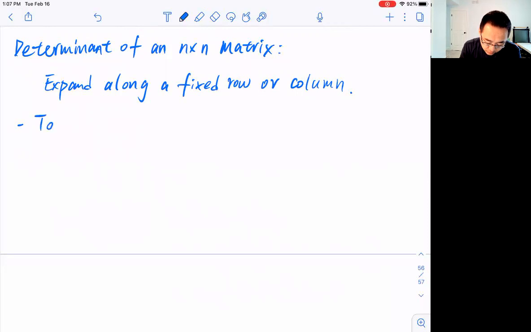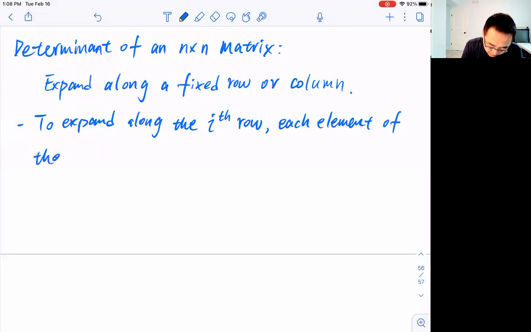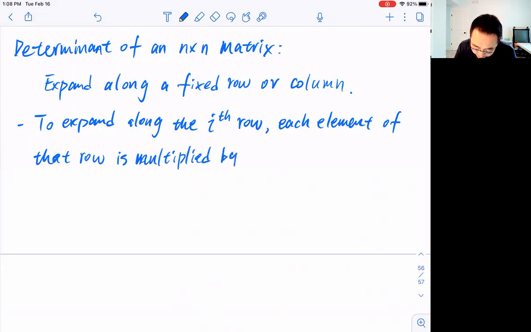So to expand along the ith row means that each element in that row is multiplied by its cofactor.